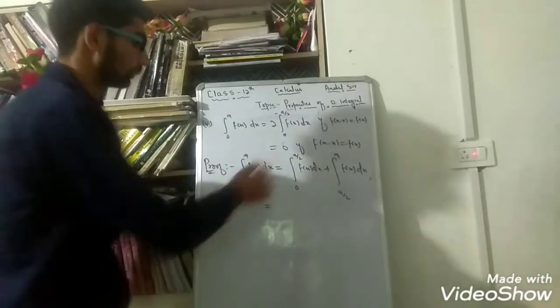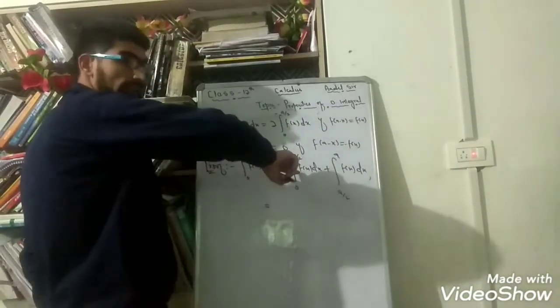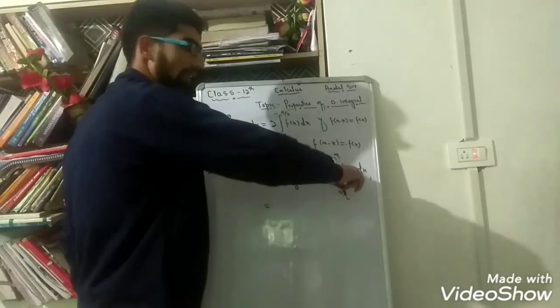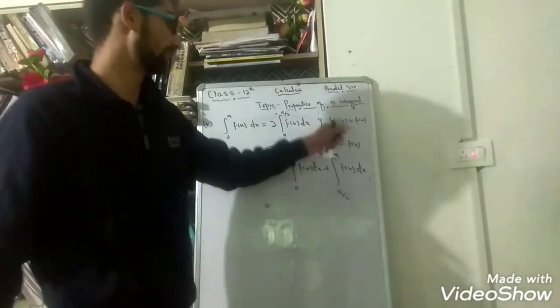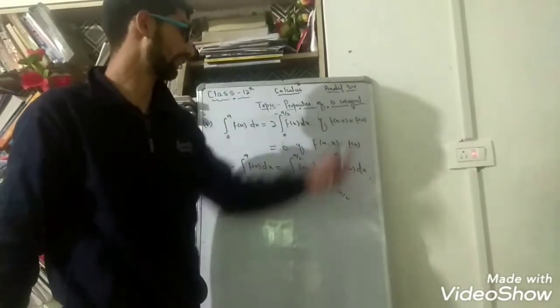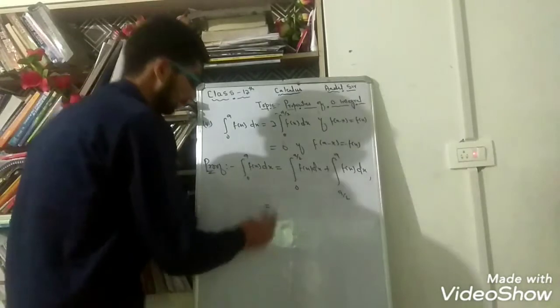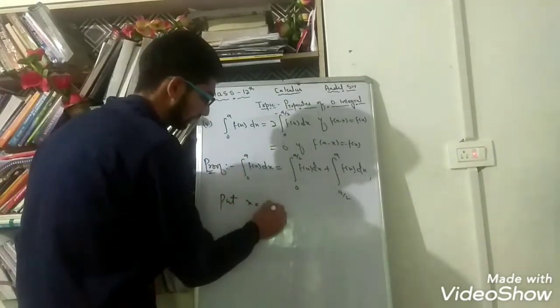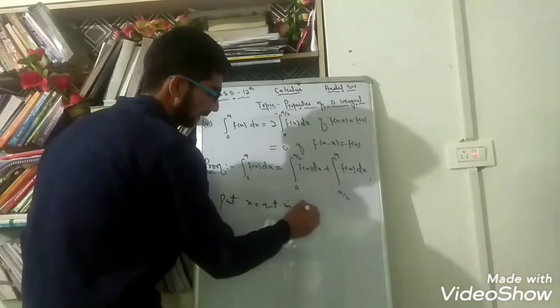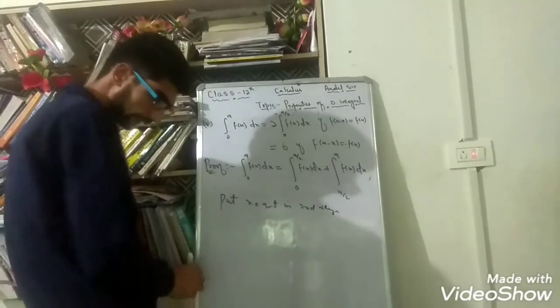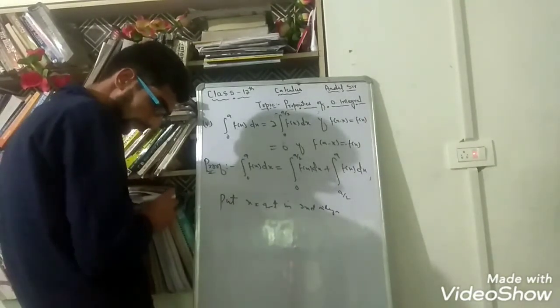Now we will keep this integral the same, but we will change the variable in the second integral. This x we will take as a minus t, because we need f of a minus t. So we will try to make this a function of a minus t. So we put x equal to a minus t in the second integral. What will happen?